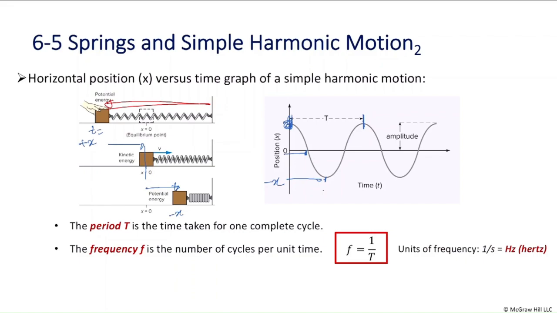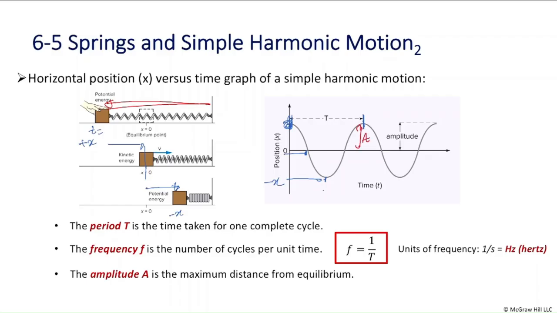Frequency is the number of cycles per unit time, and it can be found by taking the reciprocal of the period. The unit of frequency is hertz. And we can define another term here, which is amplitude, the maximum distance the mass travels from its equilibrium position.